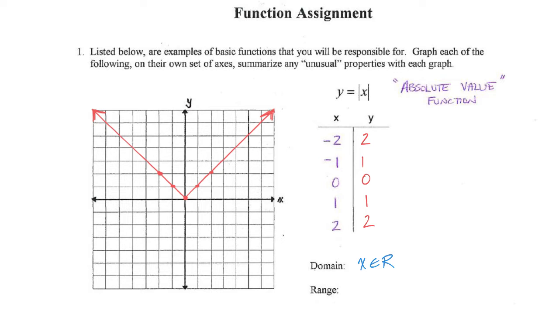However, my range is going to tell me that if I sub in positives or negatives, the absolute value is going to turn it positive or 0. So we come up with y has to be greater than or equal to 0. Yes, you can tack on the disclaimer that y is any real number on top of it, but you don't have to show that.